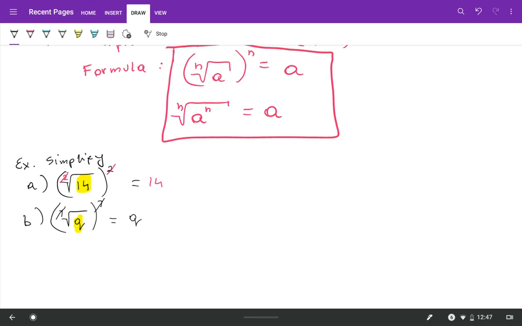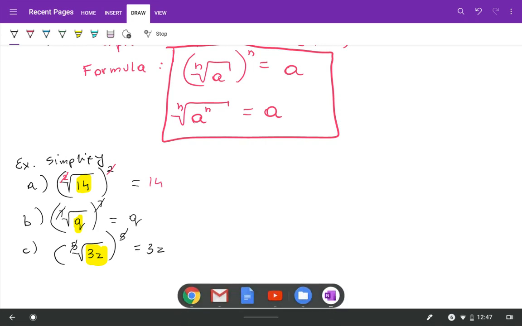And the last one, from those types of problems, radical of index 5, 3z, and everything to the power of 5. Index and power match, so your solution is the radicand, which is 3z. Okay, that's it. That's what we're doing with that.